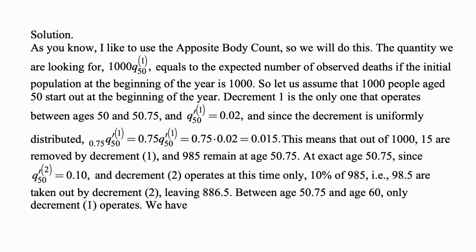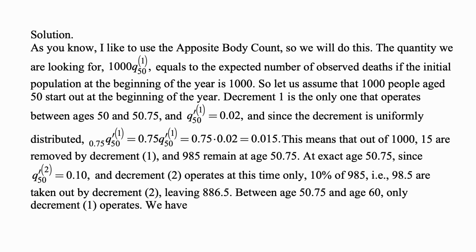And here's the solution. And if you study my study manual, you know that I like the apposite body count. Just count the dead bodies. We are asked for the observed probability of dying, so that's how many people were seen to die from that cause 1 divided by the number of people in the population at the beginning.